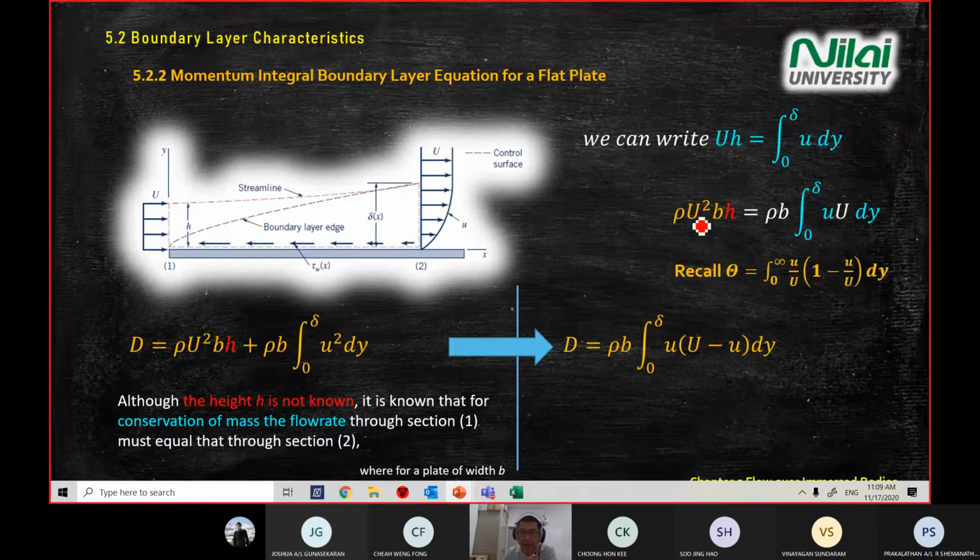And then we recall there is a momentum thickness just now, with the symbol theta, equal to the integration from 0 to infinity of small u divided by U, times 1 minus small u divided by U, dy.